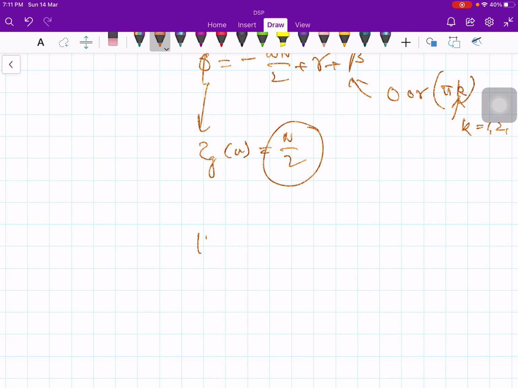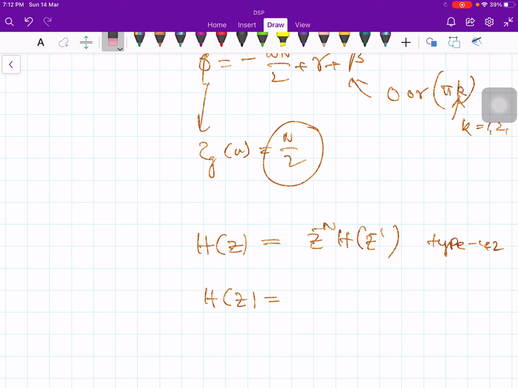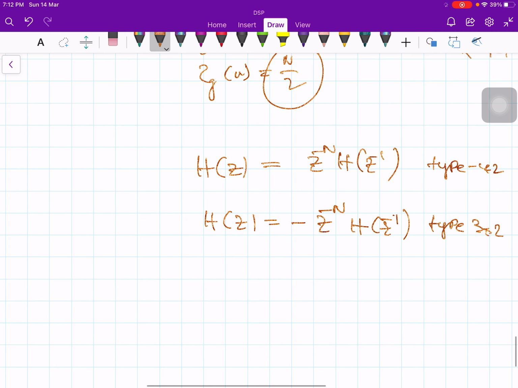Therefore, for type 1 and type 2 filters, H of z is equal to z to the minus N H of z inverse, and for types 3 and 4, H of z is equal to minus z to the minus N H of z inverse. So I can club these two and write H of z is equal to plus or minus z to the minus N H of z inverse.